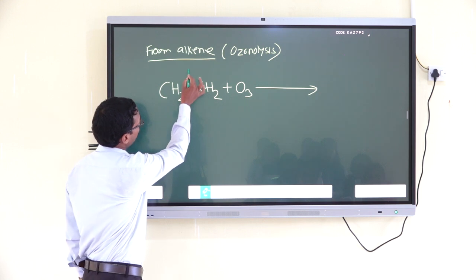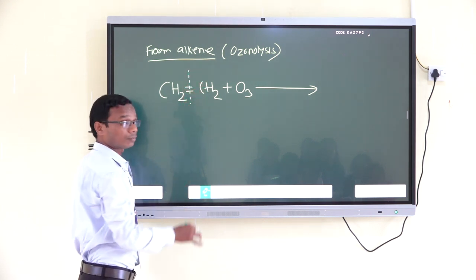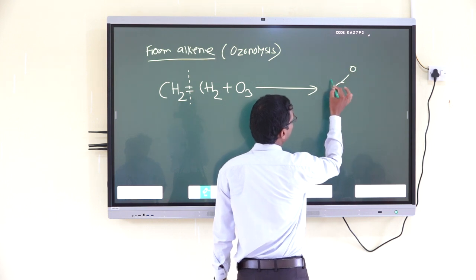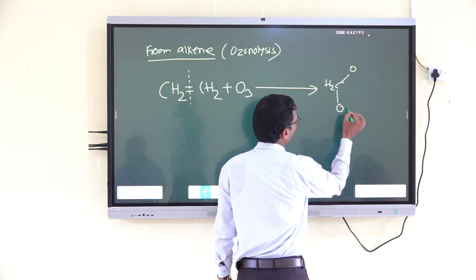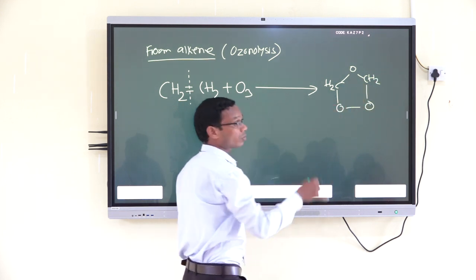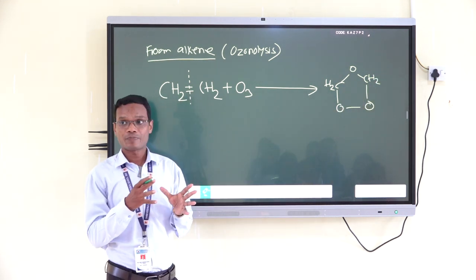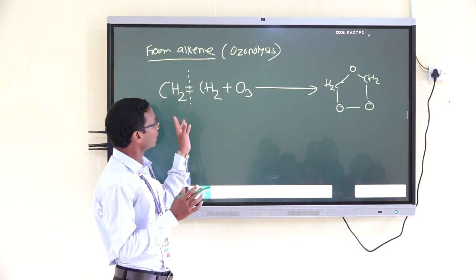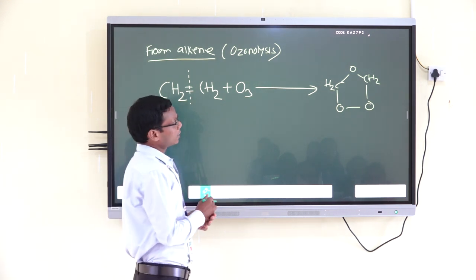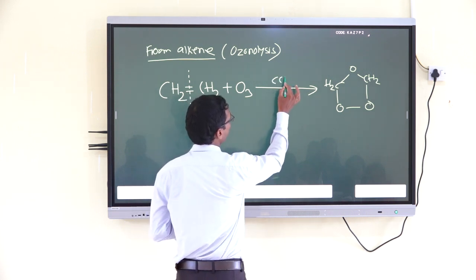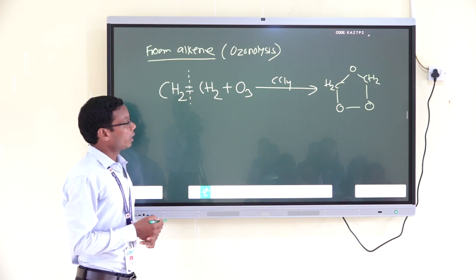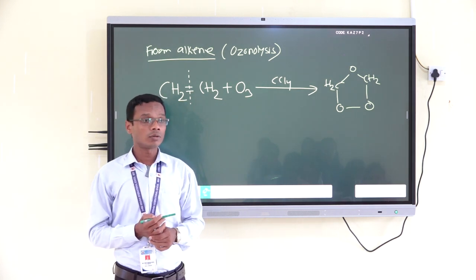First its double bond will break, then it forms an ozonide, that is oxygen, CH2, oxygen and CH2. This is called ozonide. This is an addition product. Ozone adds with alkene to form an addition product. This happens in the presence of CCl4.